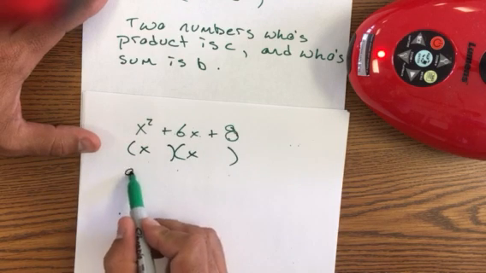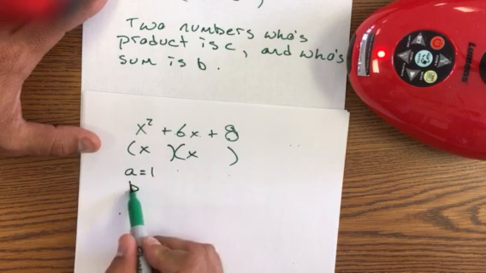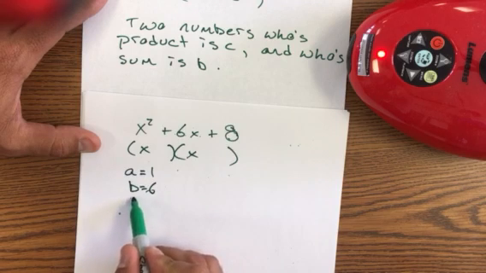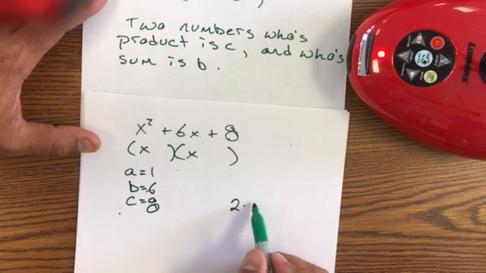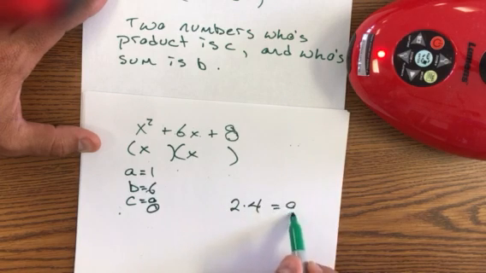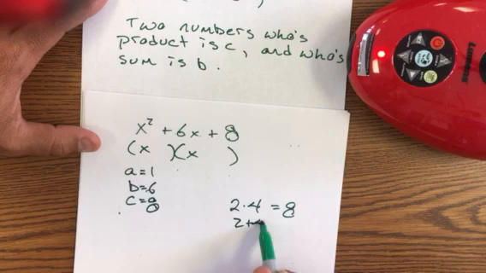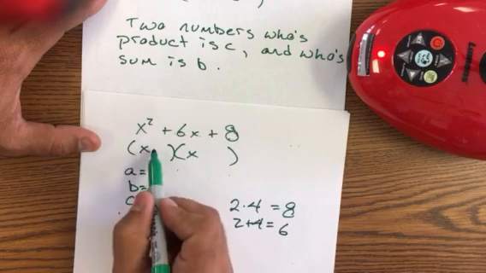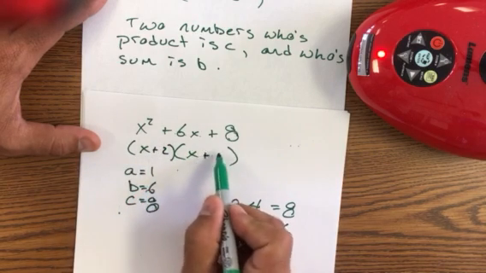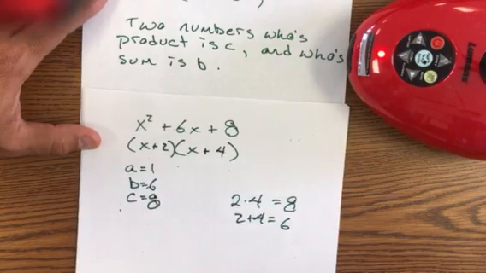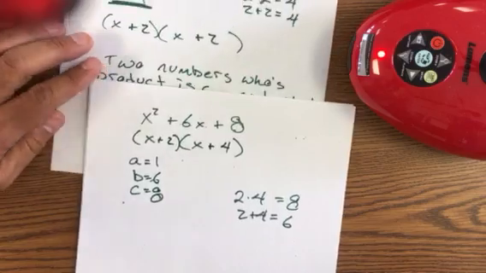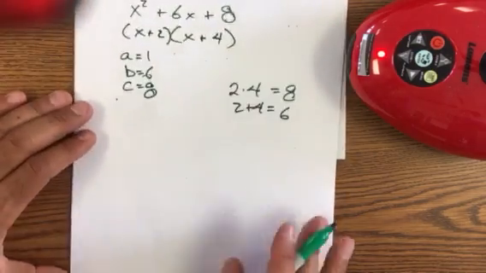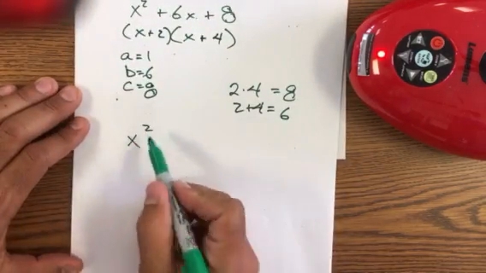So I need 2 numbers that multiply to 8 and add to 6. So I'm thinking 2 times 4 equals 8, and 2 plus 4 equals 6. So it's going to be 2 and 4. So I go plus 2 plus 4. And that's kind of how we're going to go through the process of doing this. That's one option.